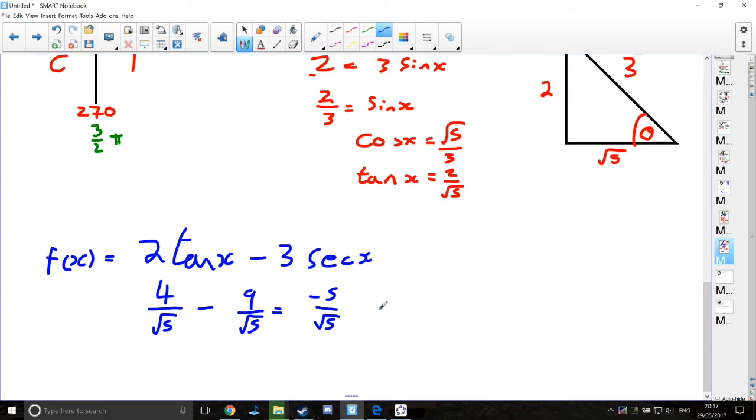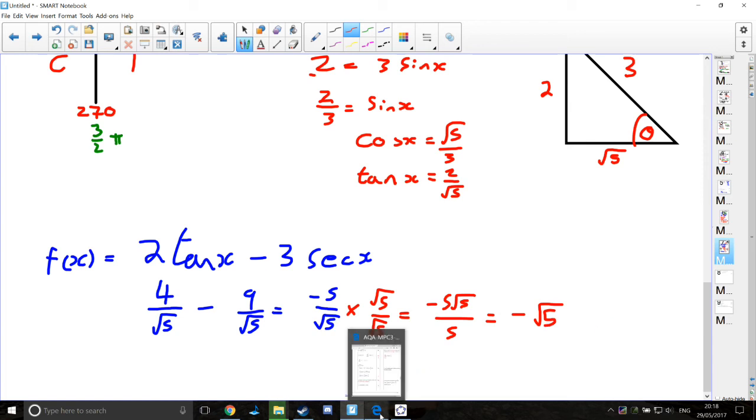So what we can do now is multiply this by root 5 over root 5, and we get minus 5 root 5 over 5, because root 5 times root 5 is 5, which is minus root 5.